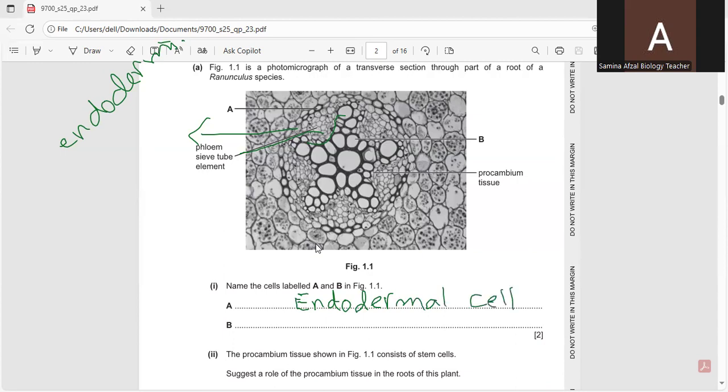And B is a xylem vessel element. They have labeled one cell.